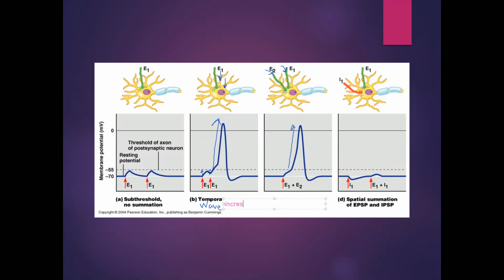Increase frequency in that one, in wave summation, temporal summation, and in this one, let's do several stimuli at once. Okay, so you can think spatial summation, they were in different spaces.